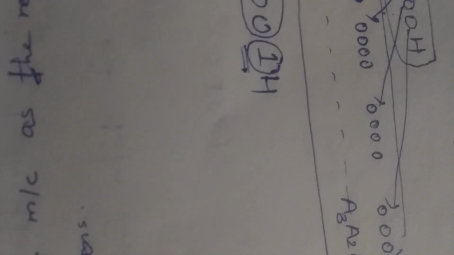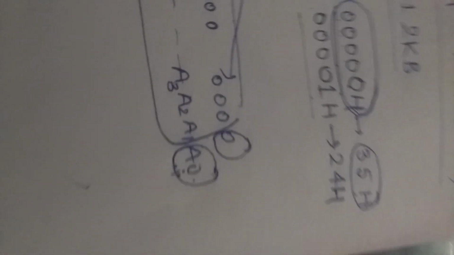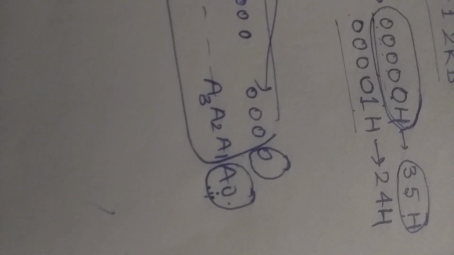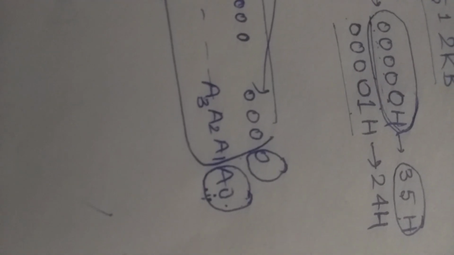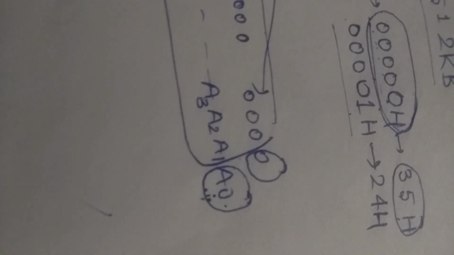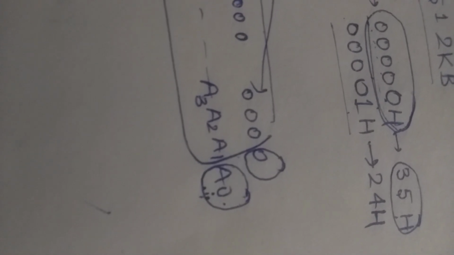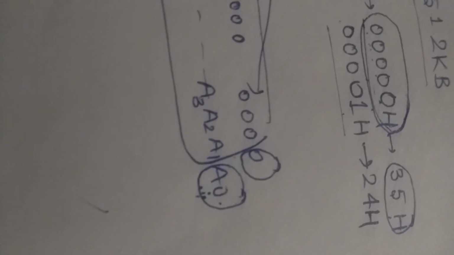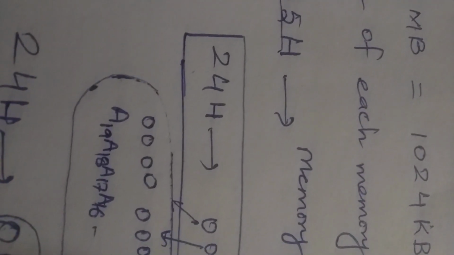Therefore, the values of A19 to A1 for both the banks remain the same, but the value of A0 is 0 and it is connected to only the even bank. So when A0 is 0, then the even bank is enabled, and the data can be taken from this memory location, that is 00000H.